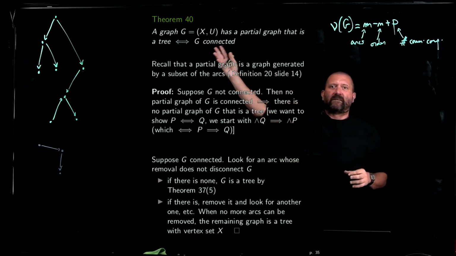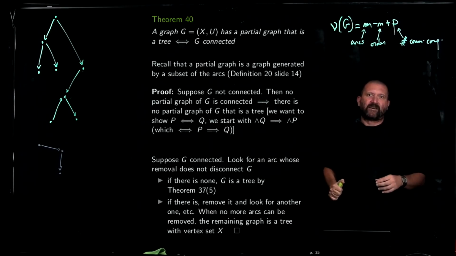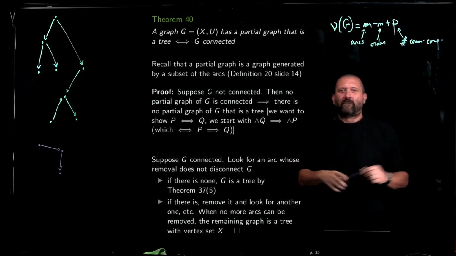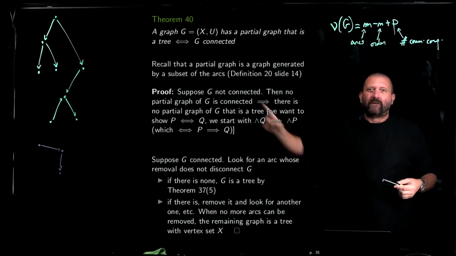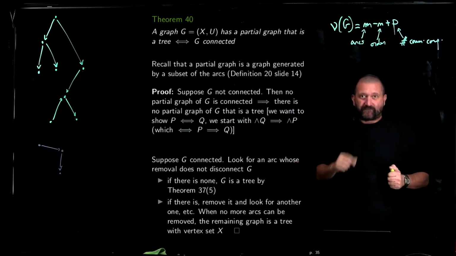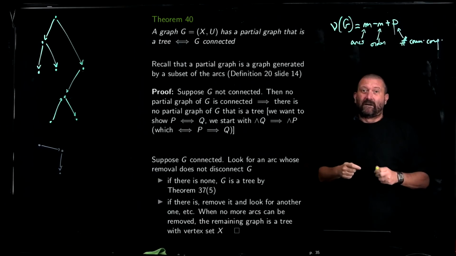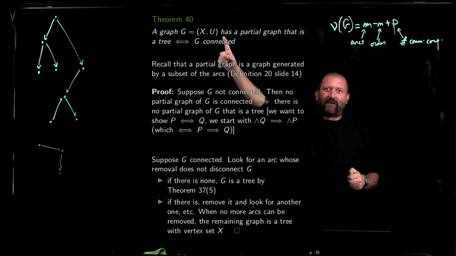I want to show that if G is connected, then it has a partial graph that is a tree. So let me start with the contrapositive. I want to show that the partial graph implies that G is connected.